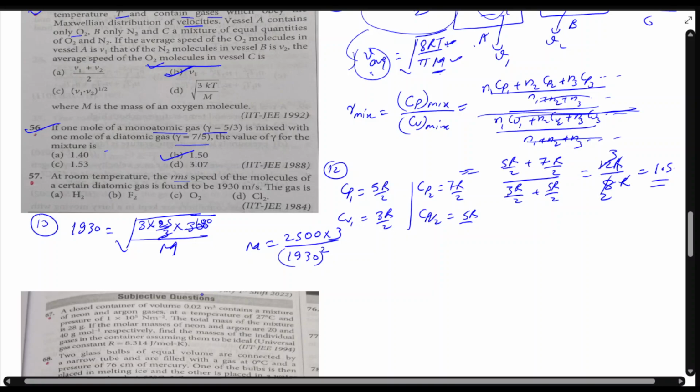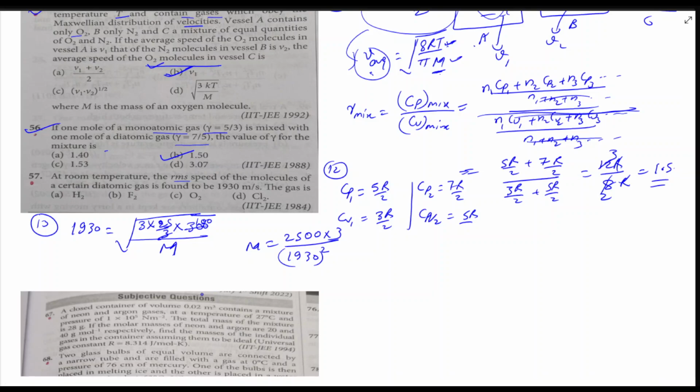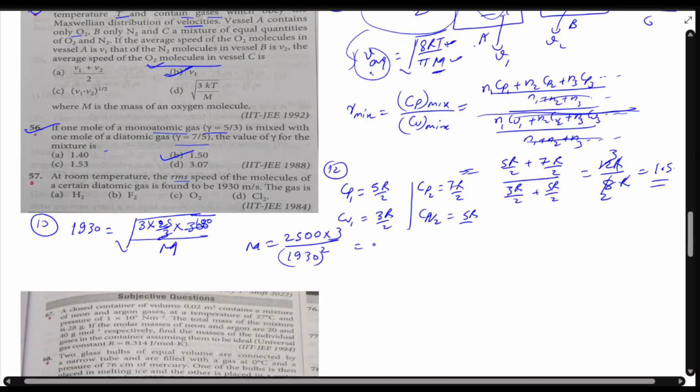So if I use the calculator really fast, we'll have 3 divided by 1930 divided by 1930. So we will have 0.002 kg per mole, right?